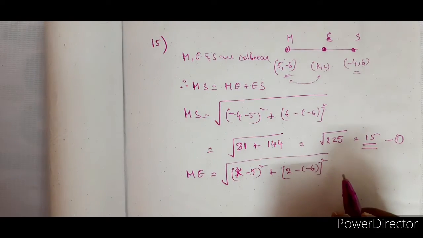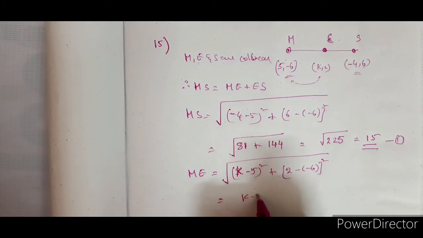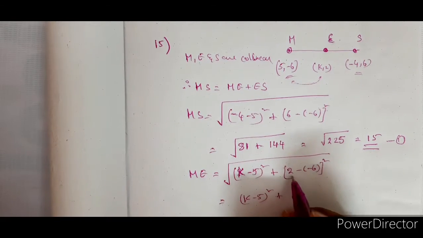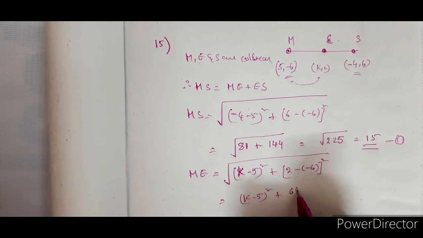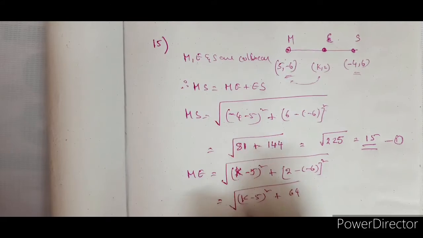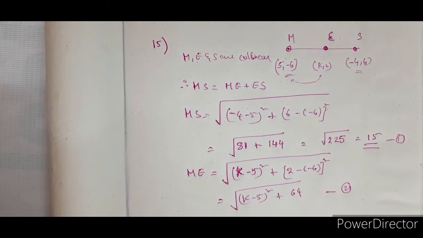Now let us simplify this one. (k - 5) whole square as it is, plus 2 minus of -6 is 2 plus 6 is 8, square is 64, under root. Let this be equation 2.